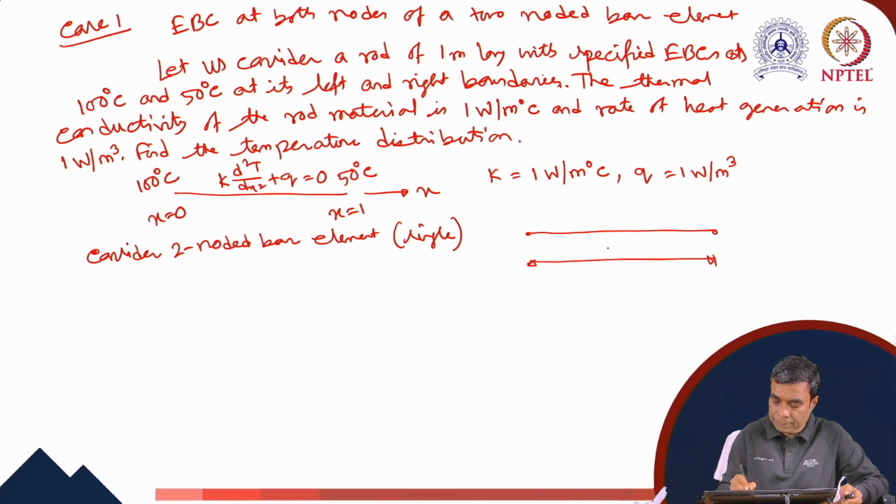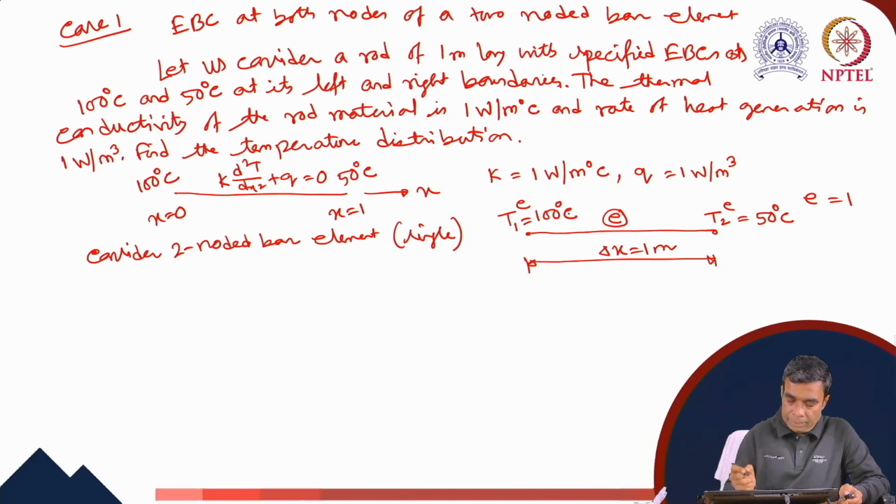This is delta x equals to 1 meter. This is element E, E equals to 1. So, this is T1E and this is T2E. T2E is 50 degrees centigrade. T1E equals to 100 degrees centigrade.